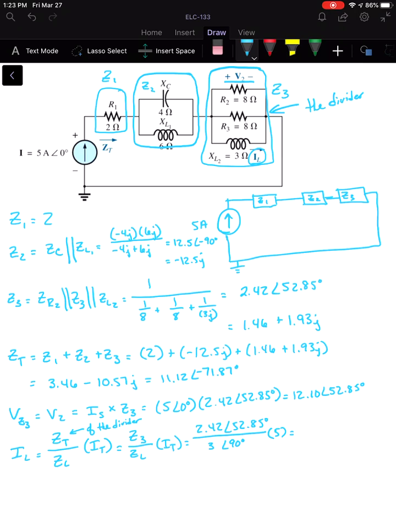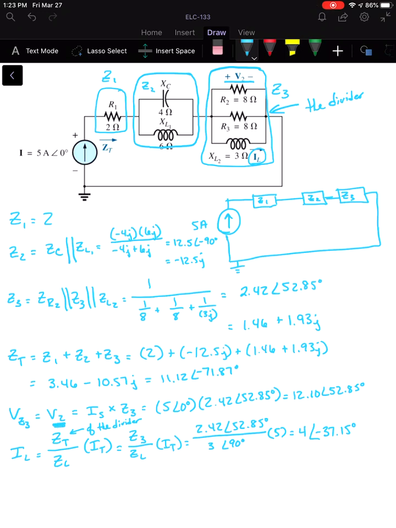Again, that's just the 5 amps of current there. So the nice thing about polar form for multiplication and division is you can just focus on the magnitude first. So 2.42 times 5 divided by 3 gives you about 4 amps here. And then your angle would be the angle in the numerator added to the angle for the current, which is 0, and then subtract the angle in the denominator, which is 90. So that's about a negative 37 degrees there.